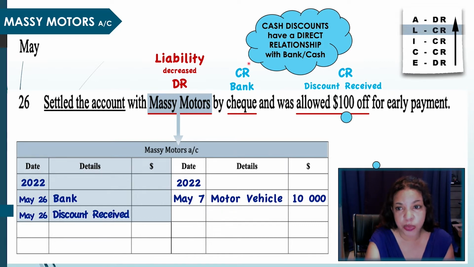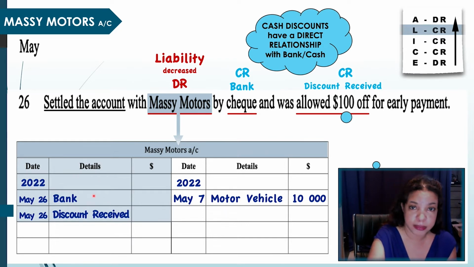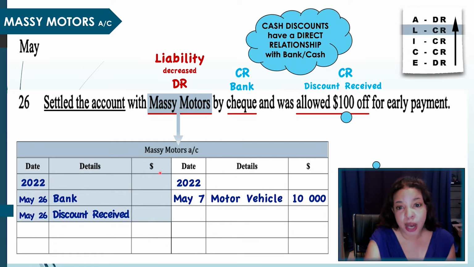See there, because both of them were credited, which is the opposite of the debit side that we are actually on. What are the amounts? How much did we pay? If the discount was $100 off, so you have discount received, we received 100, you have that amount there. How much did we actually pay? 10,000 minus the 100, which would be 9,900.